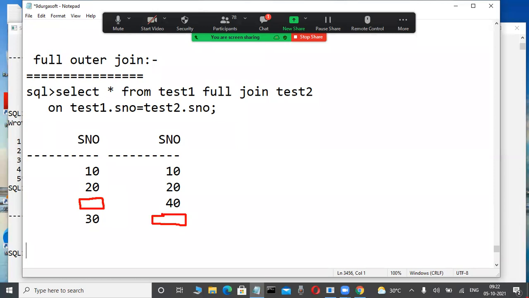Write it. Completed. Yes, write it. Next, full outer join subtraction.